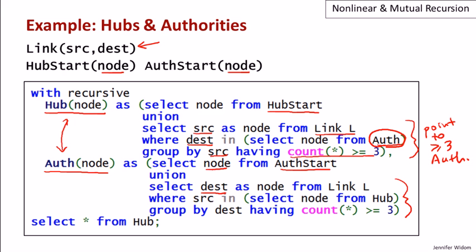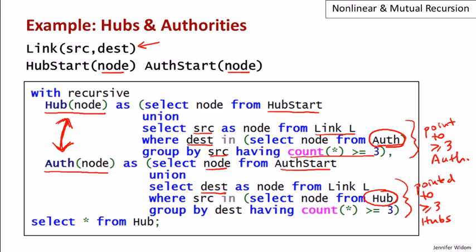So this is going to give us elements that are pointed to by greater than or equal to 3 hubs. And here, of course, we're using hub, which is also a recursively defined relation. So you can think of these two as working in tandem. You can think of the system as sort of iteratively adding to the hubs and the authorities until there's nothing more to add to either one.